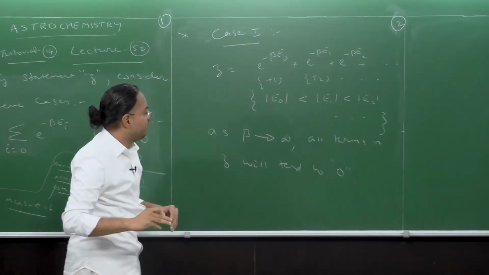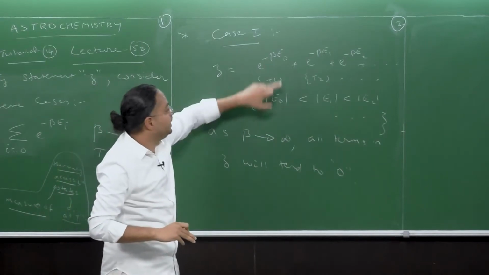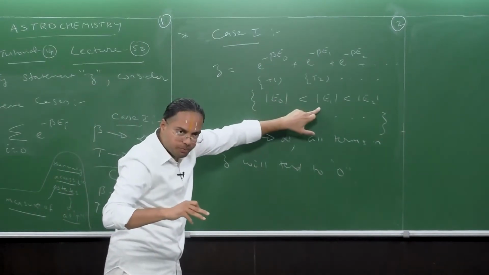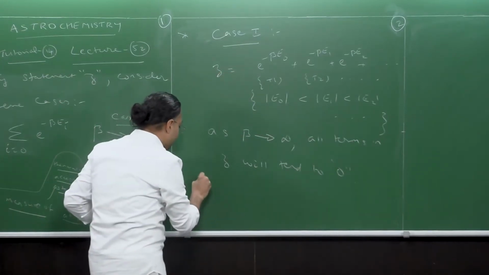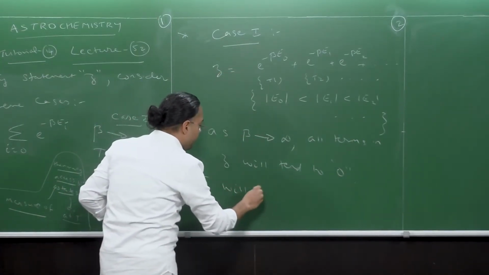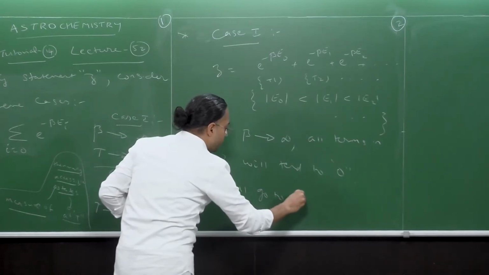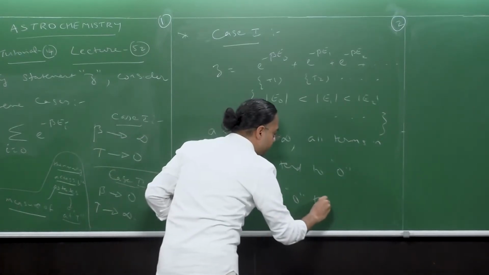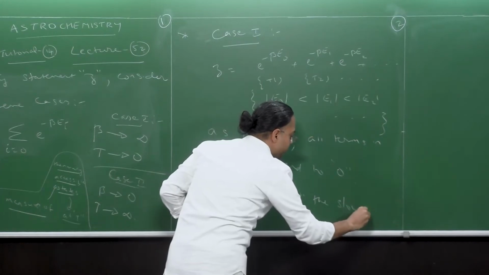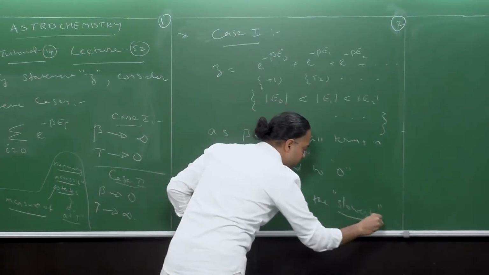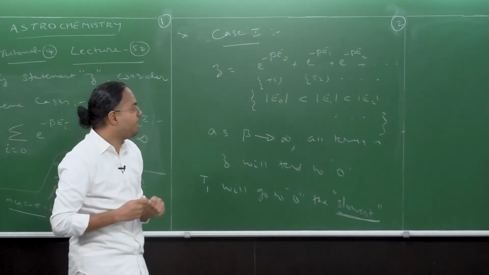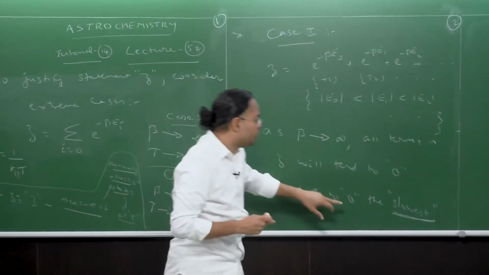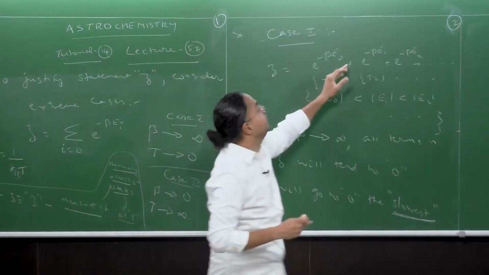Because modulus of E naught is less than modulus of E1, my T1 will go to 0 the slowest. Please notice, this is a very important point.